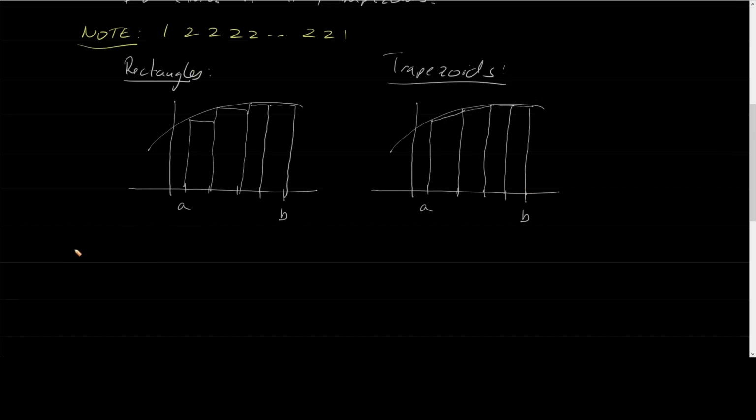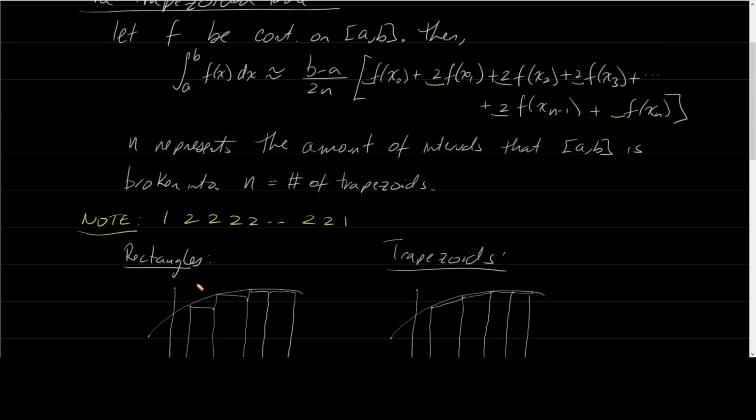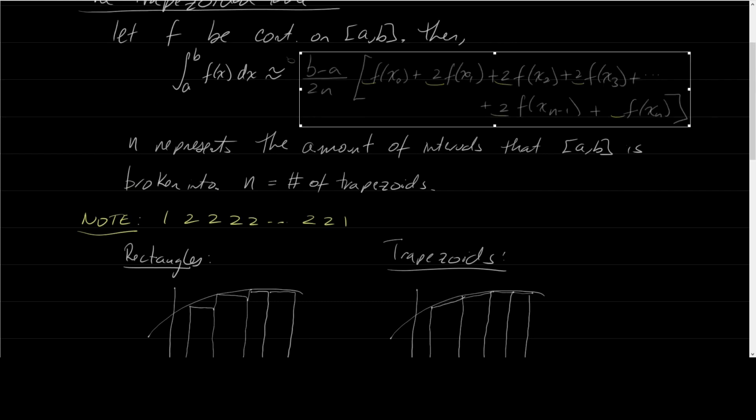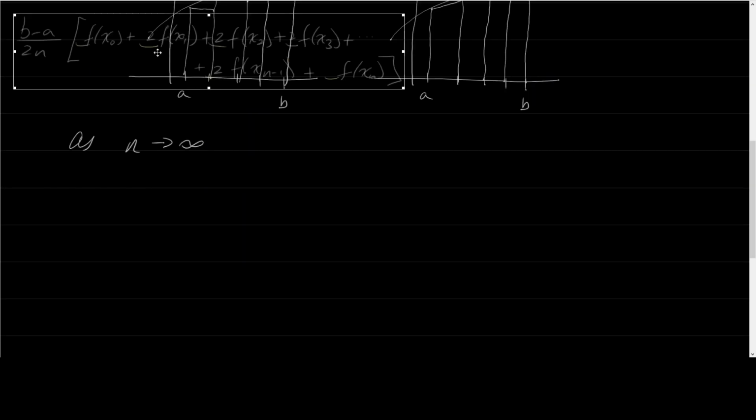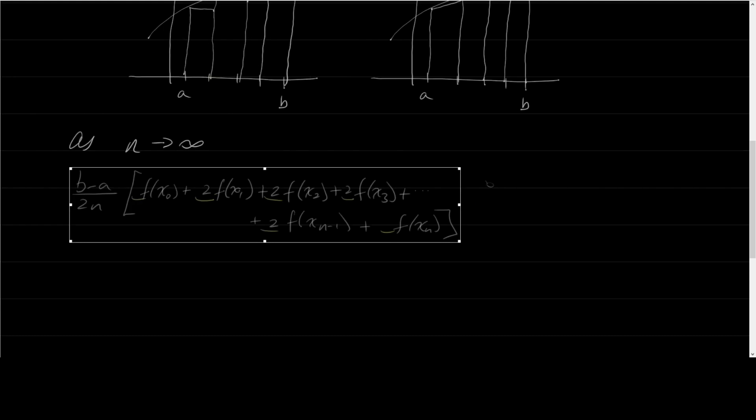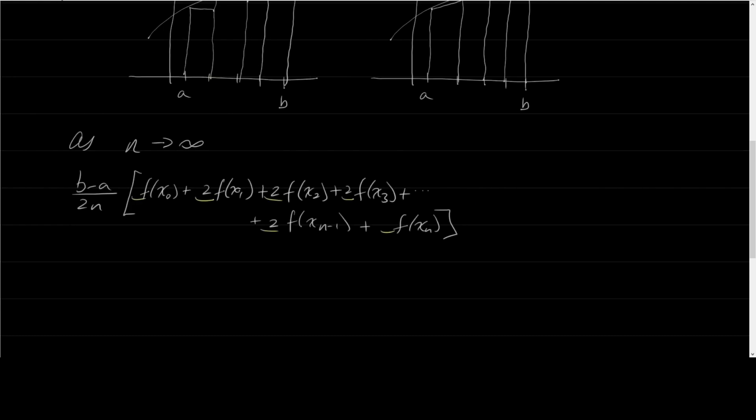Another way of saying this is that as n goes to infinity, the number of trapezoids going to infinity, that formula, which I'm going to copy and paste just to not write it again, is going to become closer and closer to just that original integral.